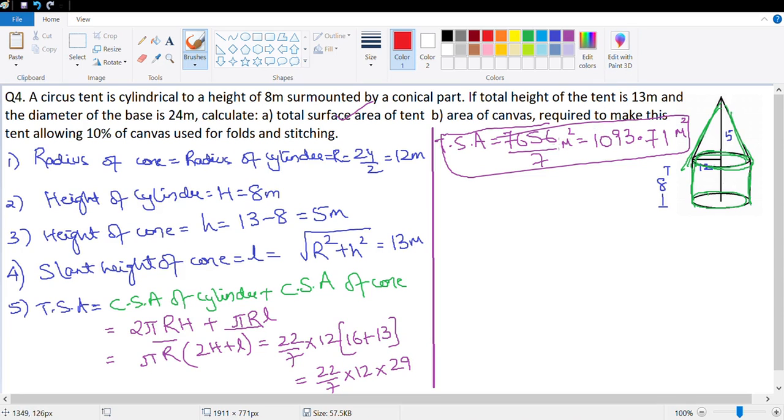Now question 2 or part B. Area of canvas required to make this tent allowing 10% of canvas used. So the total canvas used, 10% of that is wasted or rather used in folds and stitching.